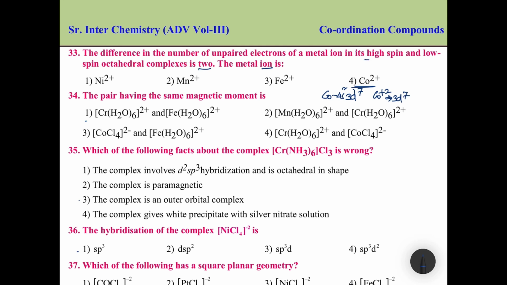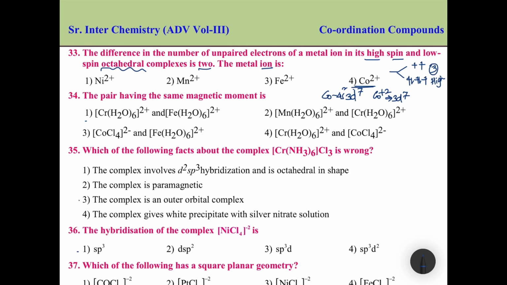Now high spin complex we are discussing, and that too octahedral. Octahedral means 2 orbitals up and 3 orbitals down. Now with the d7 configuration, you see 1, 2, 3, 4, 5, 6, 7. 3 unpaired electrons are there. What I have written is high spin. Why high spin? High spin means you give the maximum number of unpaired electrons.